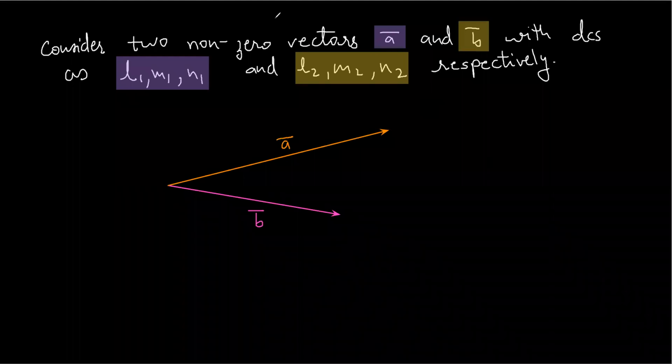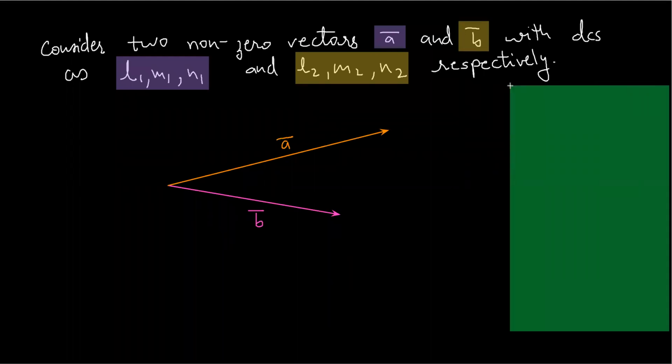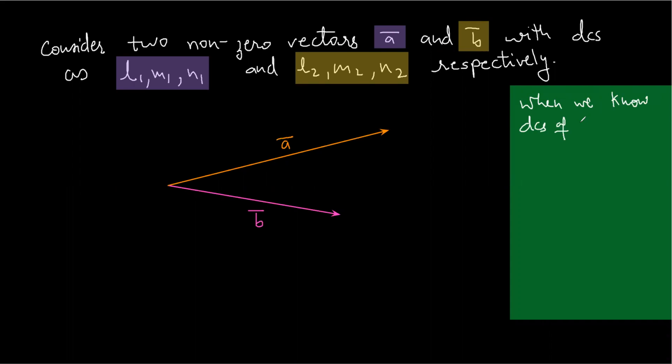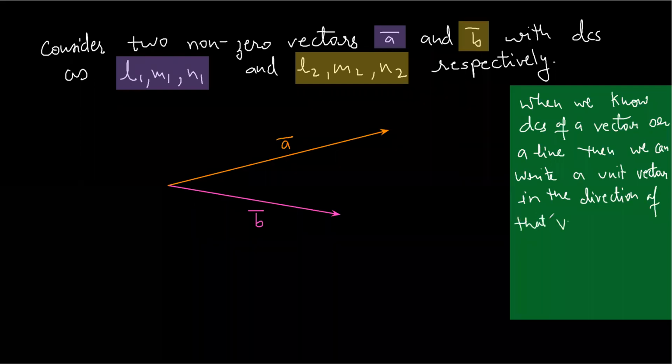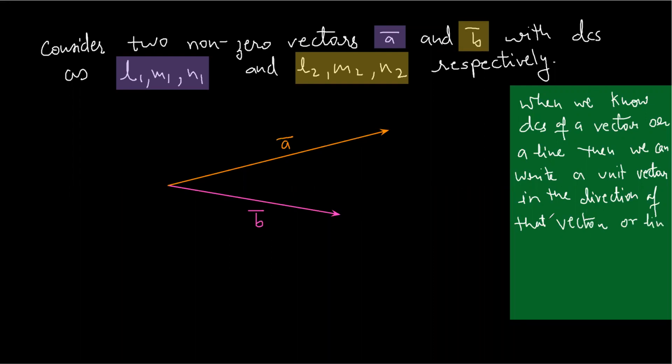We had done this part in detail, and a very important pointer you should all remember: when we know the DCs of a vector or a line, then we can write, or find, a unit vector in the direction of that vector or line.